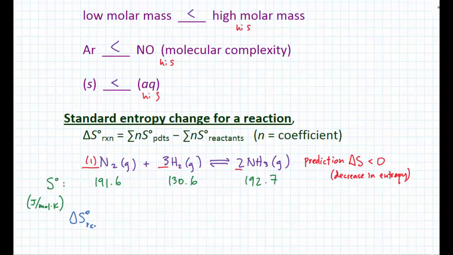standard delta S for the reaction. What would we do first? Yeah, so let's start with the products. So we do 2.